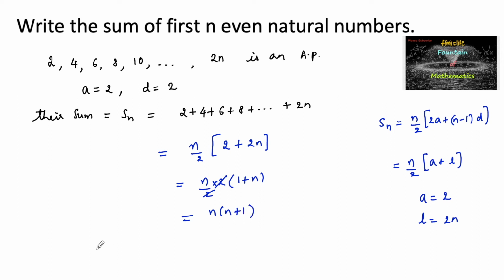Therefore we can say that the sum of first n even natural numbers is equal to n into (n plus 1). Okay.